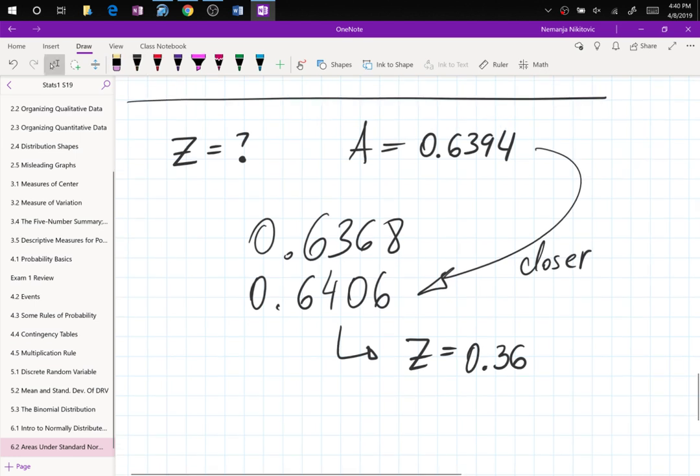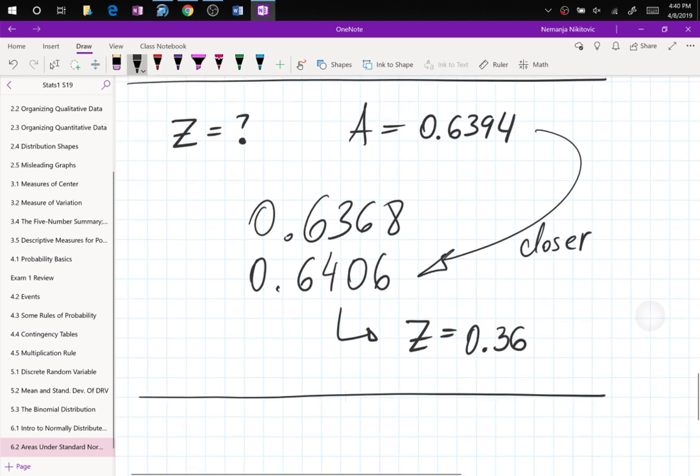Now, clearly, it's much easier to get areas from z's than z's from areas, because you have to play this game of what fits the best and what's the closest. And if they are the same amount away from the two numbers, two z-scores, you take the average of two z-scores, in which case your z-score will have three decimals, but that's rare.